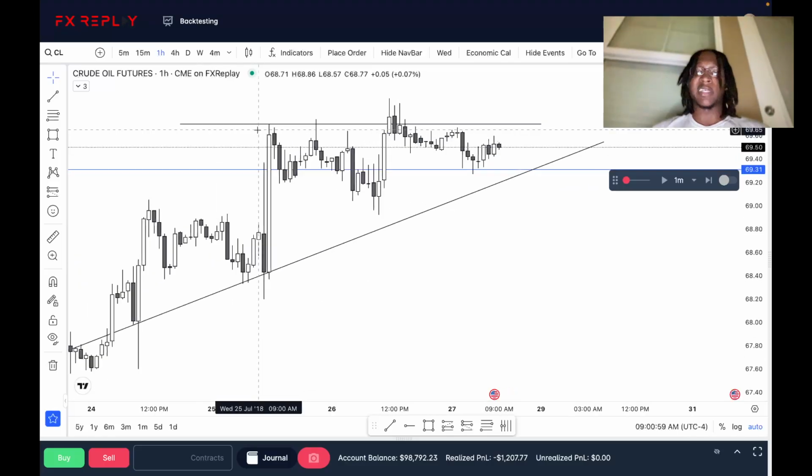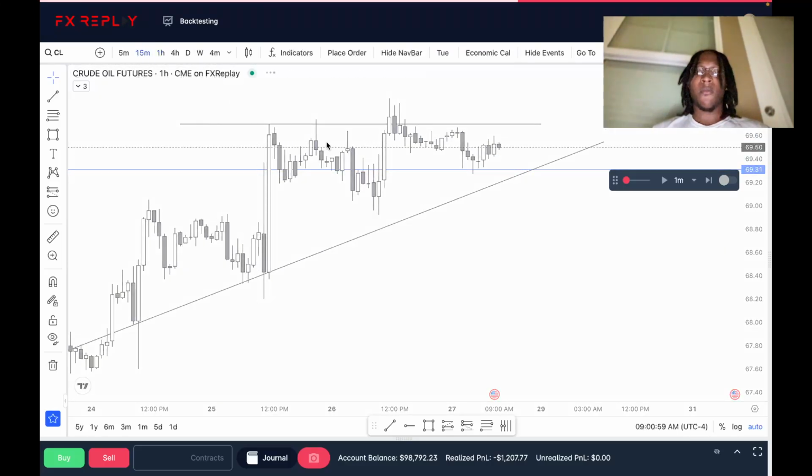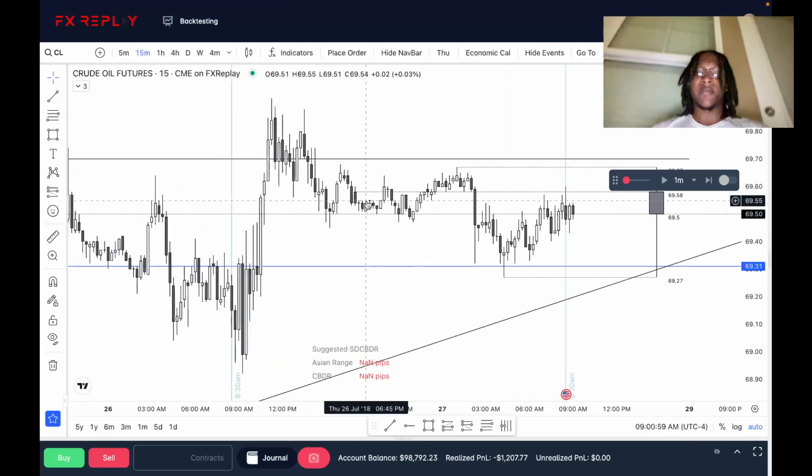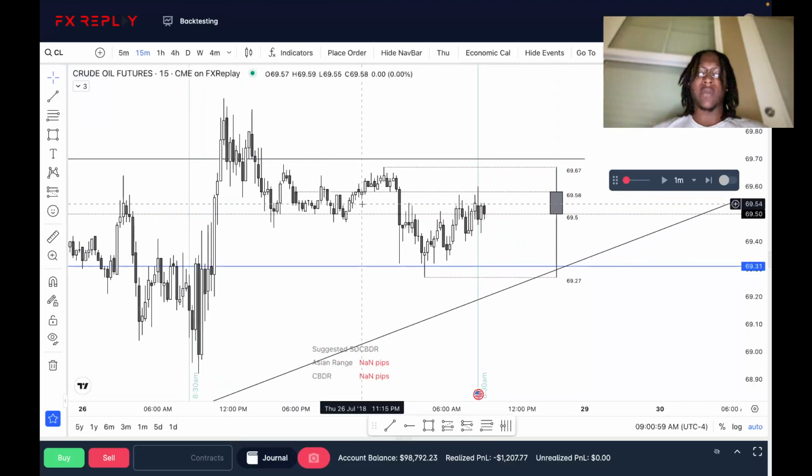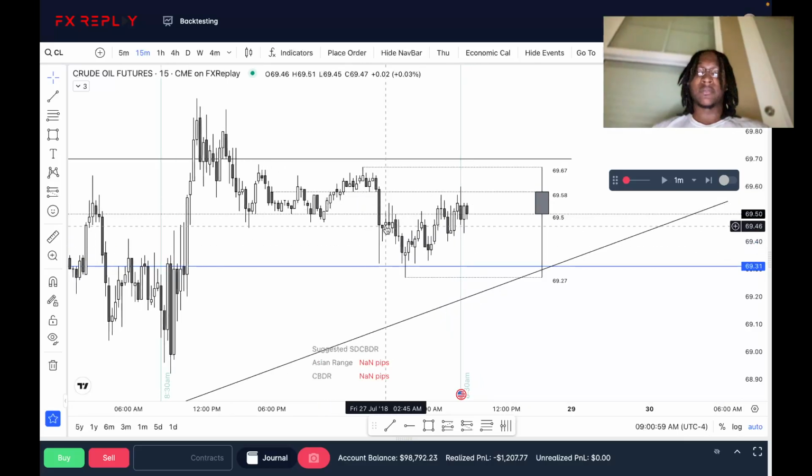Doesn't make sense to me why we would support it. So 15 minute, I'd want to see bearishness. You have this fair value gap here. Finally resistant price. We can get above these relatively poor highs here and trade lower.